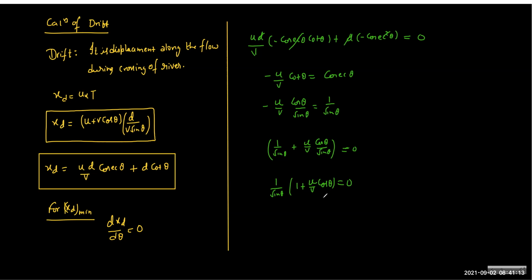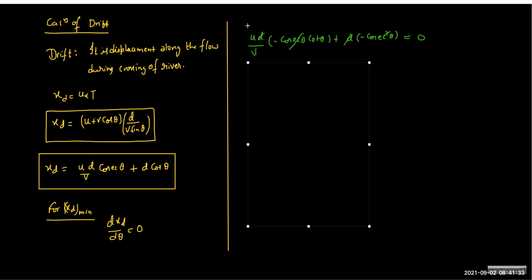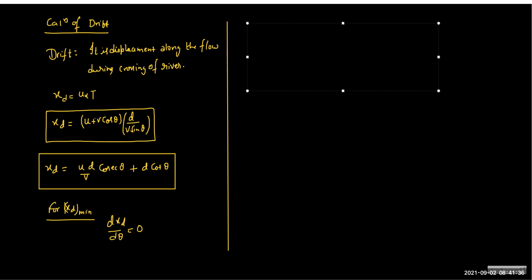Cot theta. u plus v cos theta, that's correct, d by v sin theta. So can you see the mistake here in calculation? Differentiation of cosec will be how much?